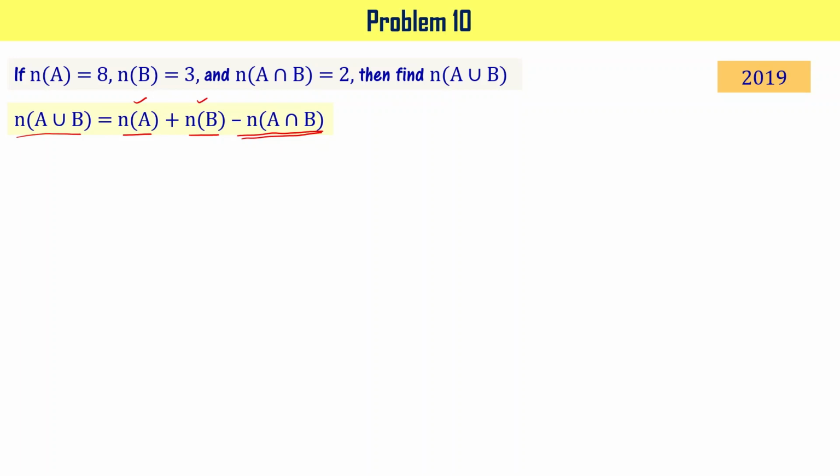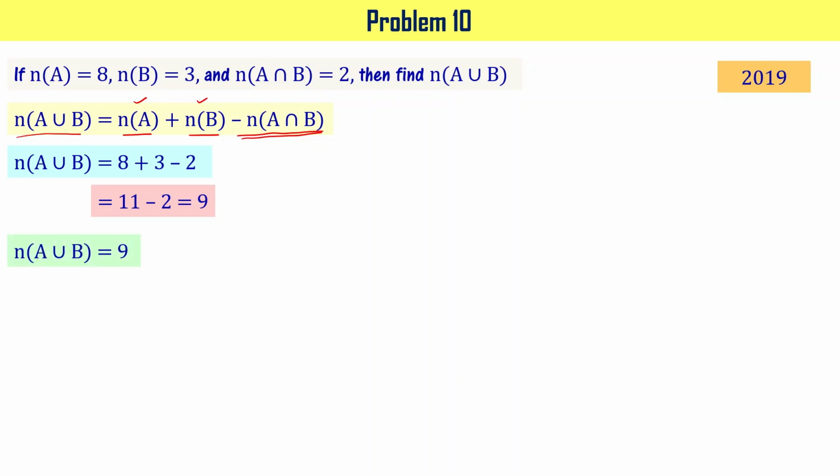Let's substitute the known values so that we can get n of A union B. n of A equal to 8, n of B equal to 3 and n of A intersection B equal to 2. When you substitute that and simplify, you get n of A union B equal to 9. This is what we are asked to find, right?